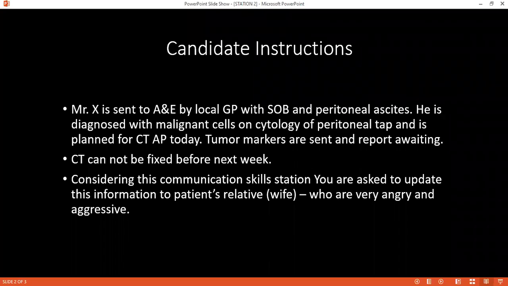I'll drain some fluid. It's because of the fluid in his tummy, which is pushing his lungs up and making his breathing difficult. I'll arrange for draining some fluid from the tummy. Yes, please do that, doctor. Maybe get it done or start some medicines to decrease the fluid. Would that be fine?